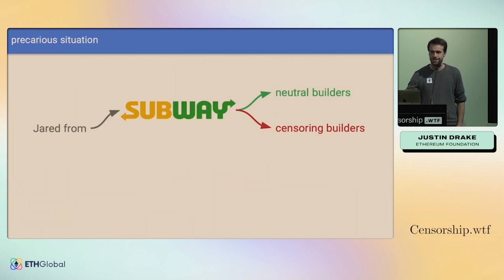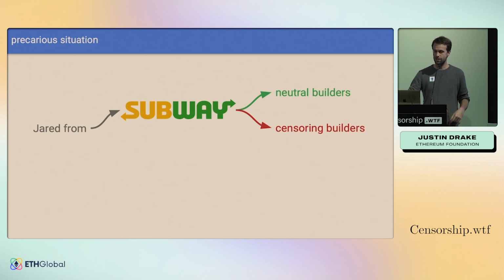And one of the reasons has to do with searchers. So it turns out that searchers have a huge amount of power. Take, for example, Jared from Subway, who's one of the big searchers. Searchers provide flow, bundle flow, to builders. And today, Jared from Subway provides their bundle flow to both neutral builders and censoring builders.